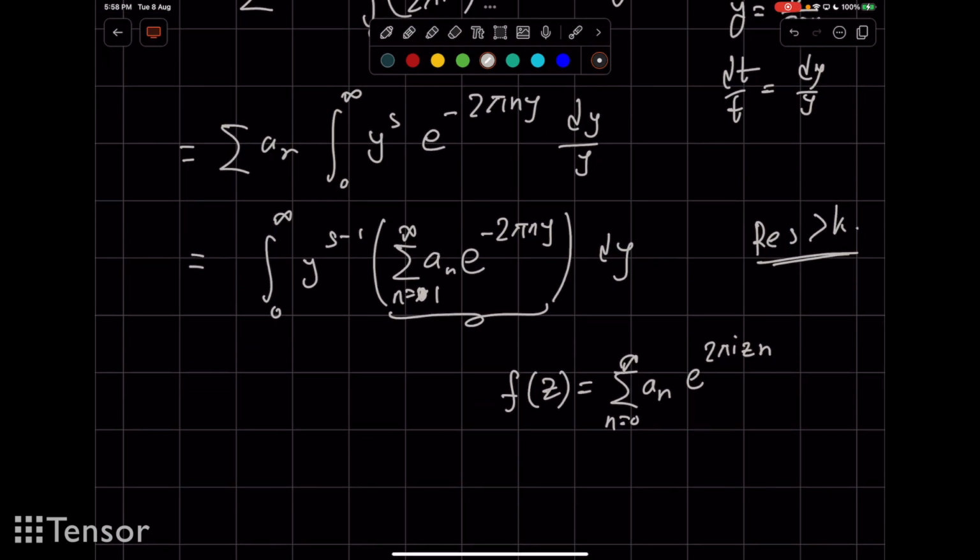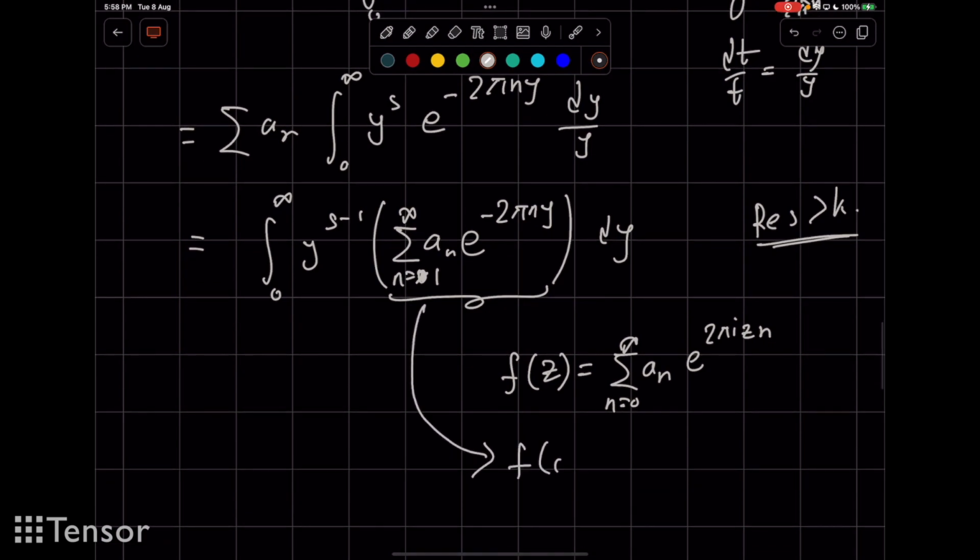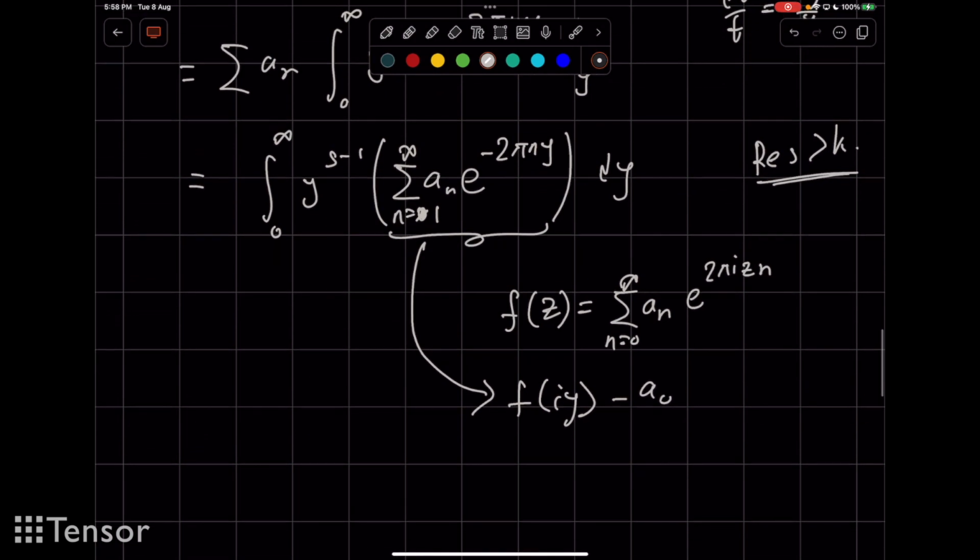So the term inside the parenthesis is actually f of iy minus a_0.